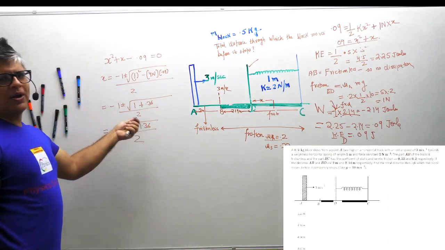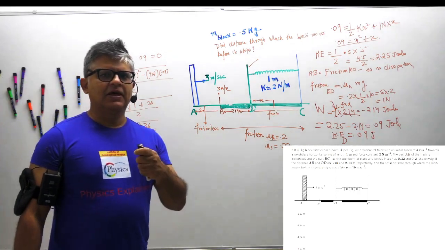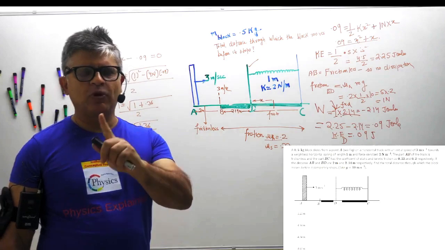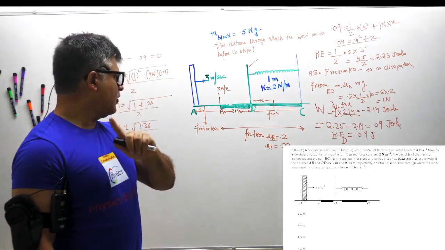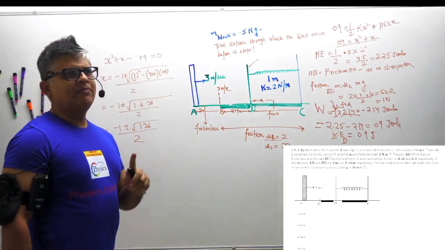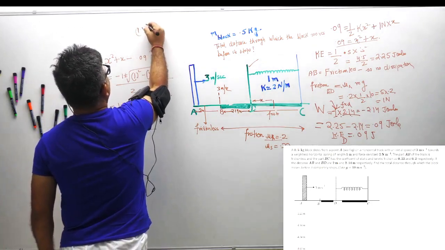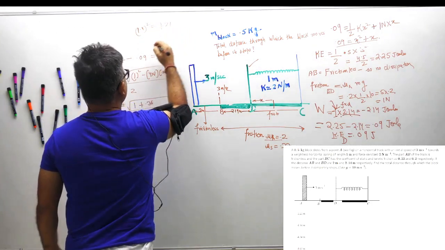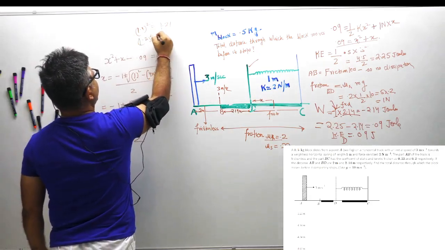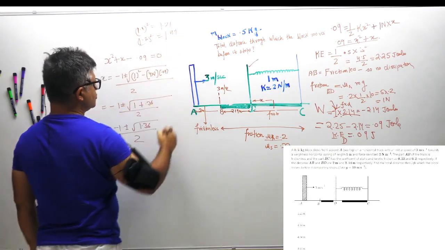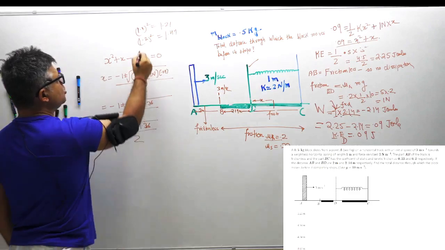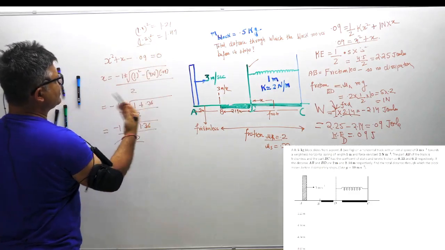Now, under root of 1.36, 1.2 square is 1.44 and 1.1 square is 1.21, right? So you can see this is pretty close to 1.2, 1.36.